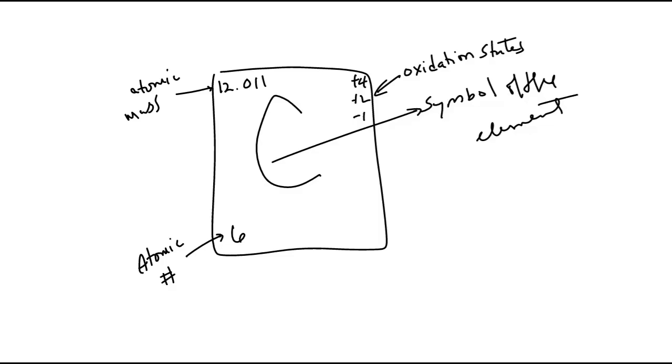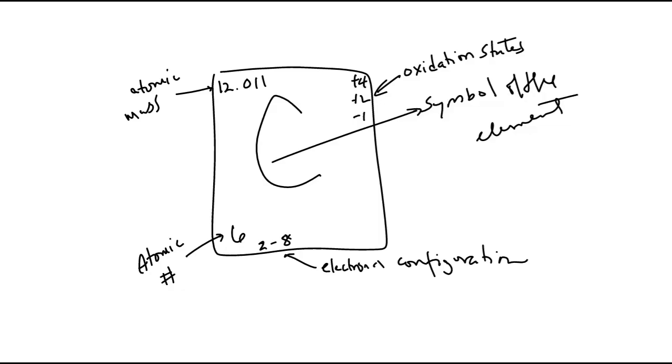Sometimes you have a number at the bottom that looks like, let's say, 2H. That is the electronic configuration. We are going to deal with electronic configuration completely differently than some periodic tables do. We don't do electronic configurations until a couple of weeks before the end of the summer.